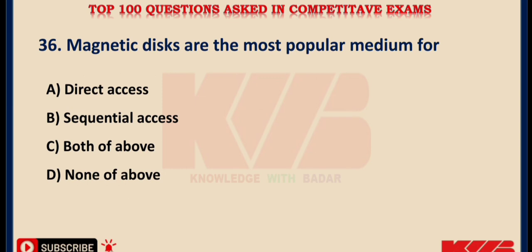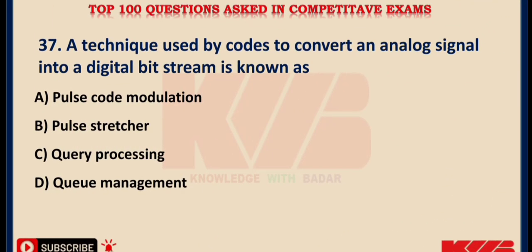Magnetic discs are the most popular medium for: direct access, sequential access, both of above, or none of above? Yes, both of above. Question number 37. A technique used by codecs to convert an analog signal into a digital bit stream is known as: pulse code modulation, pulse stretcher, Q reprocessing, or Q management?